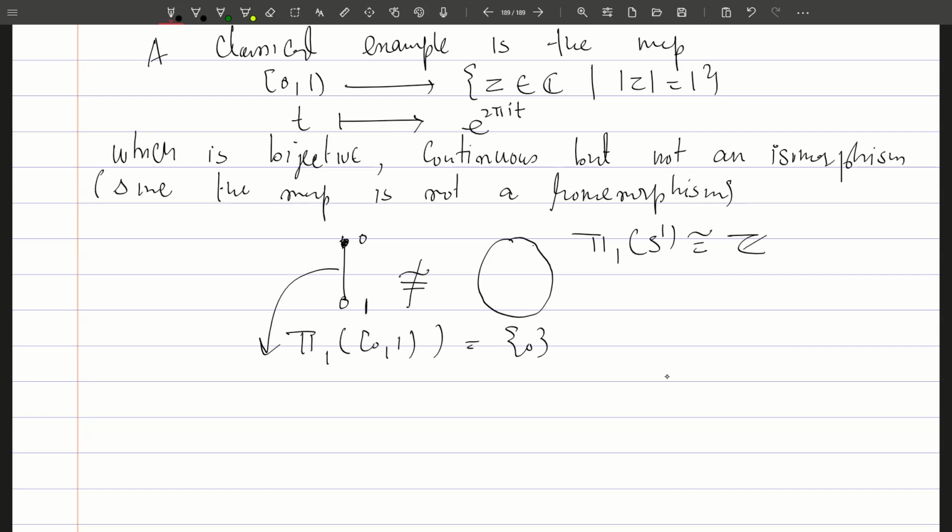Here the first fundamental group of the interval is the trivial group, and the first fundamental group of S1, the circle, is the group of integers. The group of integers is not isomorphic to the trivial group. That means these two spaces cannot be homeomorphic, so these two objects are not isomorphic.